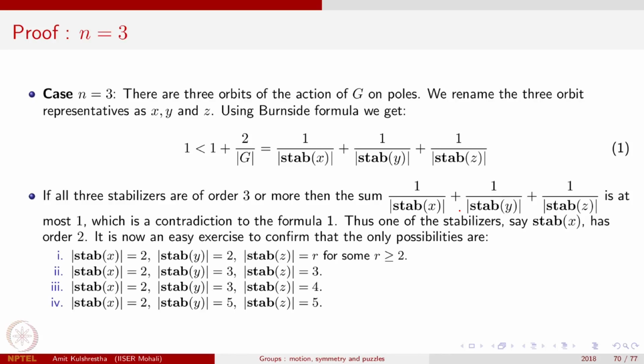So now n is equal to 3 case is something which is interesting. Can you imagine what n is equal to 3 would be corresponding to when you think of platonic solids like this? There are 3 types of poles. Poles which are coming from vertices, poles which are coming from edges, and poles which are coming from midpoints of faces.